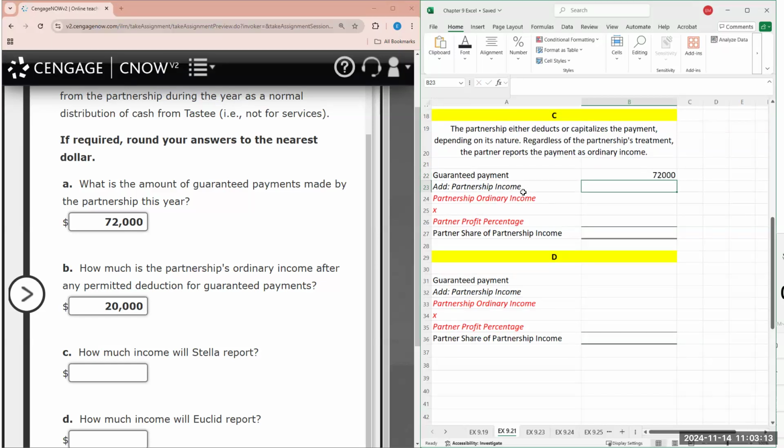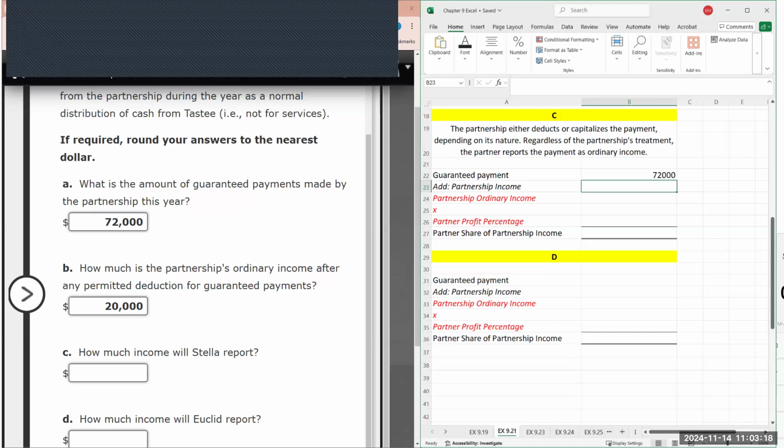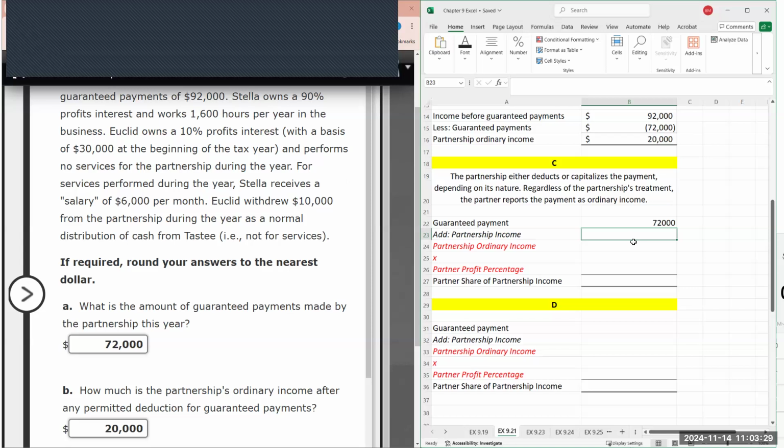In addition, she would need to add the partnership's ordinary income. In the previous problem, we accounted for what the partnership income was. Here we see $20,000, as was calculated here.